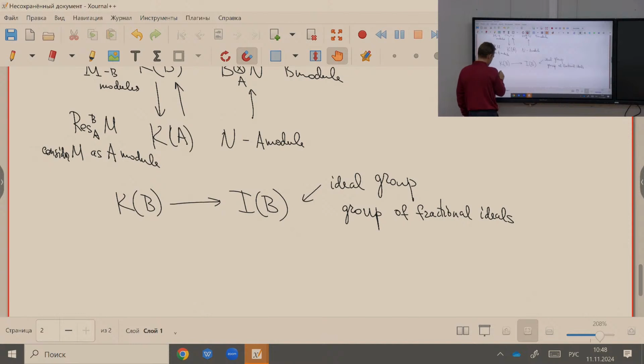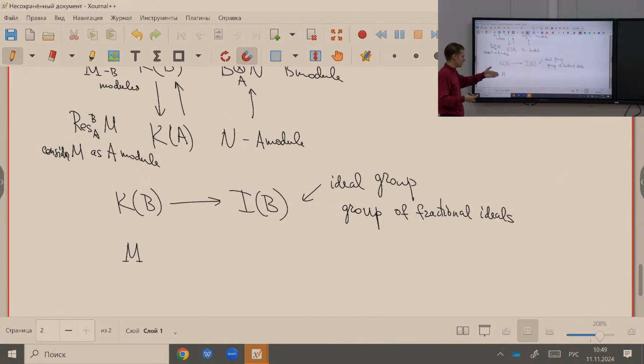So you start out with a module. So you have to associate an ideal. So we associate an ideal in a way that the ring B maps to 0.